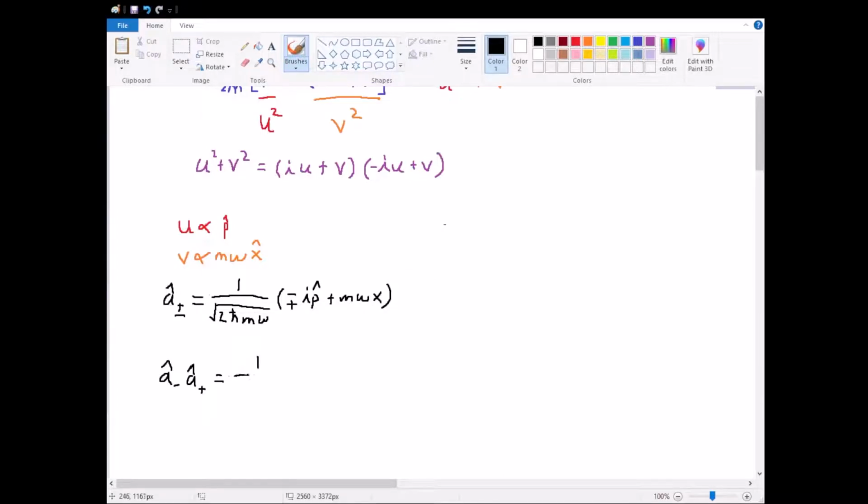So we have 1 over 2 h bar m omega, because it's getting multiplied by itself, so the square root goes away. And then, since these signs are opposite, we're going to have i p hat plus m omega x multiplied by negative i p hat plus m omega x.